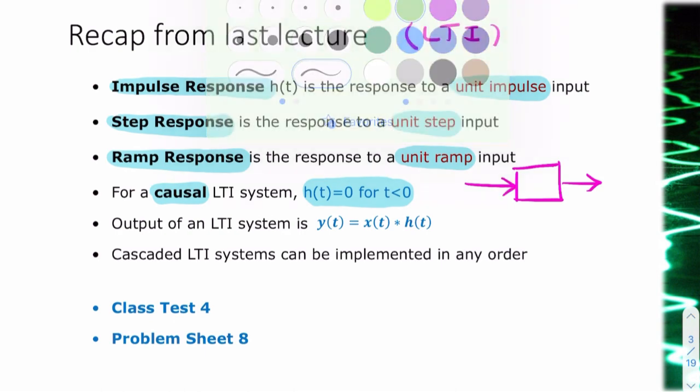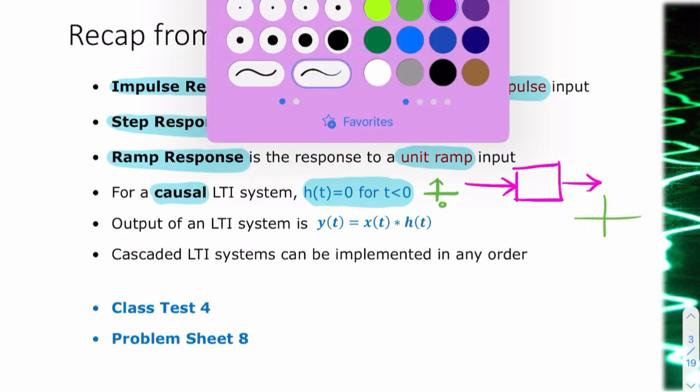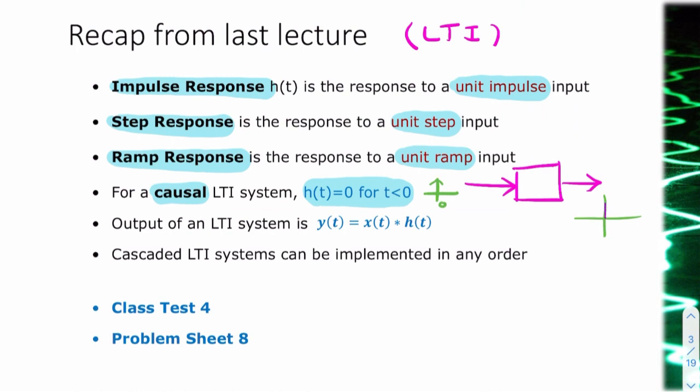Because if your input is at t equals 0, your impulse response has to happen either at 0 or after 0. It can't happen before 0. If the output were to happen before 0, even though the input happens at t equals 0, then the output would be anticipating the input. It would be happening before the input, so that would be non-causal. So this is the condition for causality.